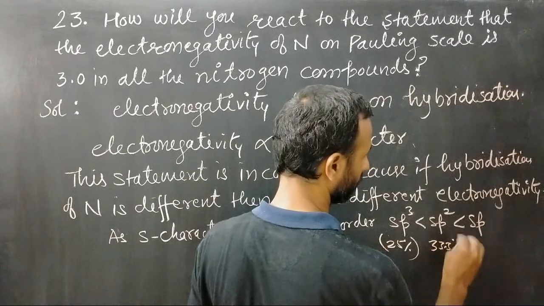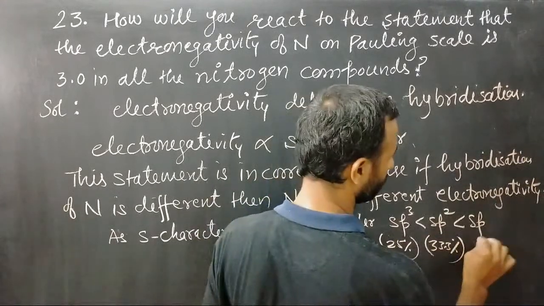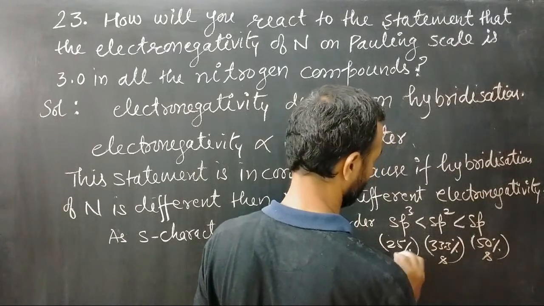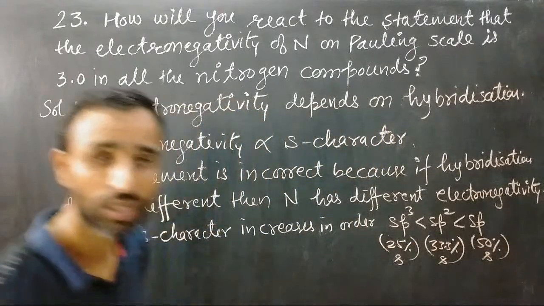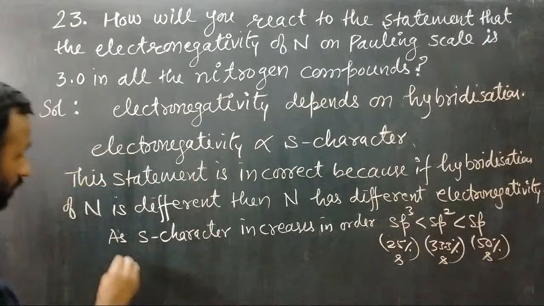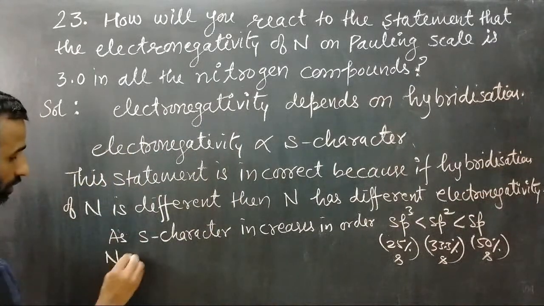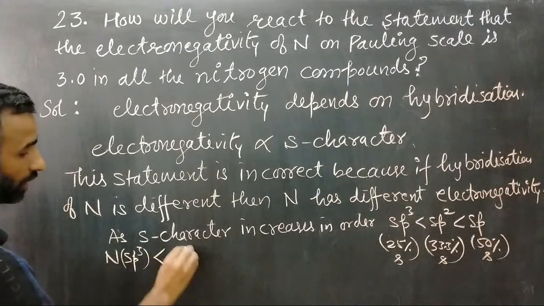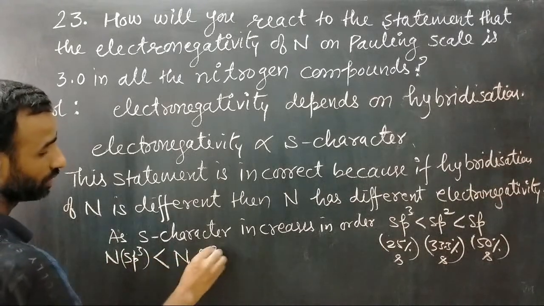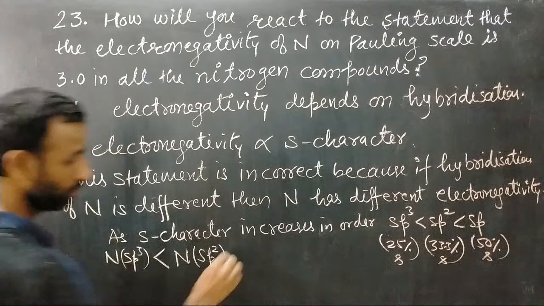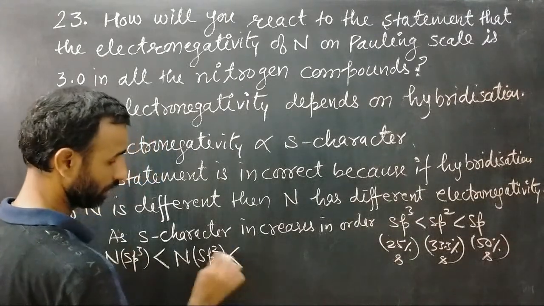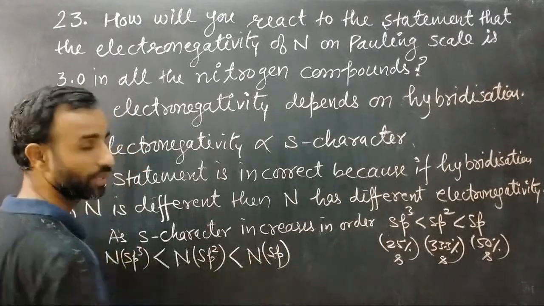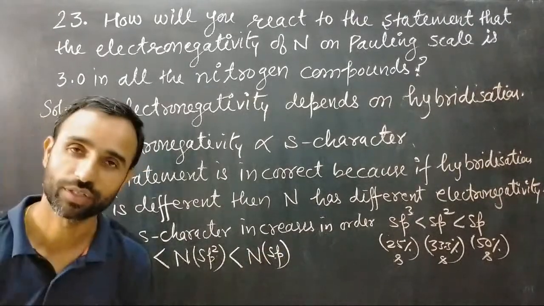Then 33.3% s character and 50% s character. So as s character increases, electronegativity increases. Means nitrogen with sp3 hybridization is less electronegative than nitrogen with sp2 hybridization, which in turn is less electronegative than nitrogen with sp hybridization. That's it.